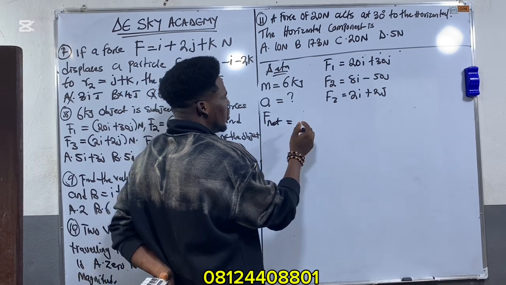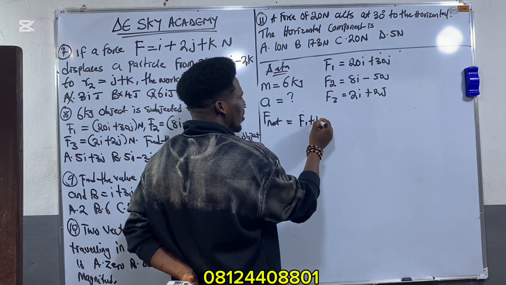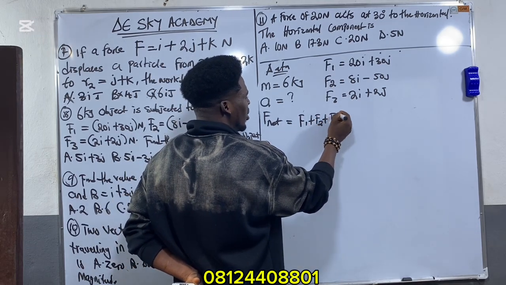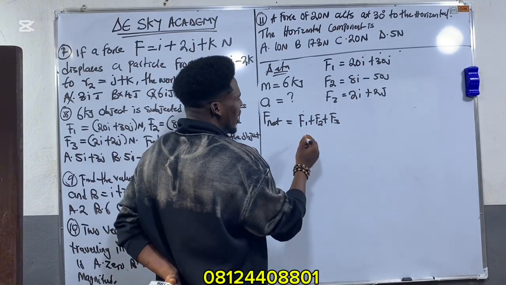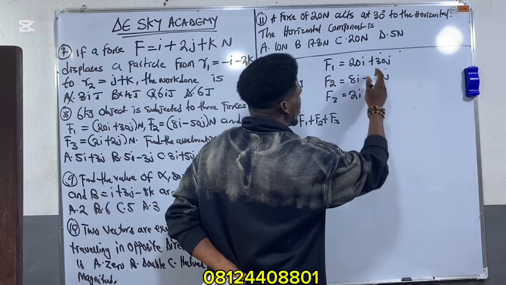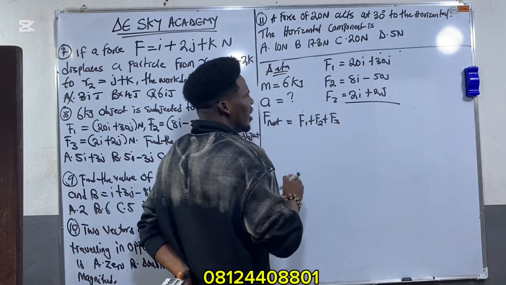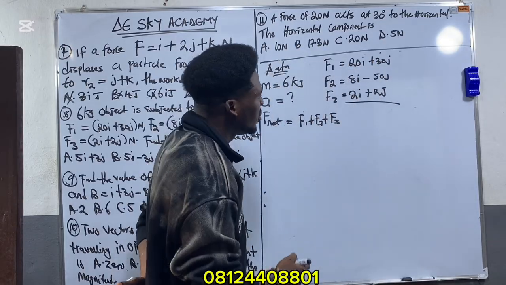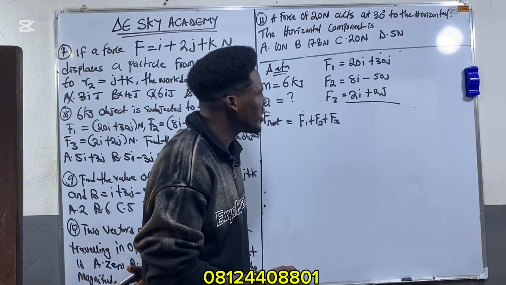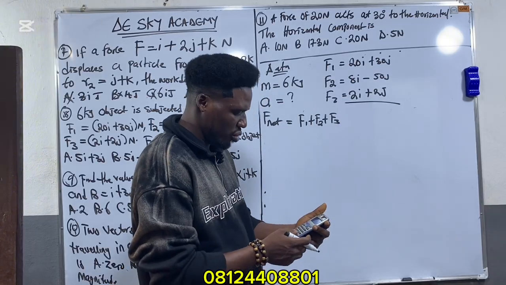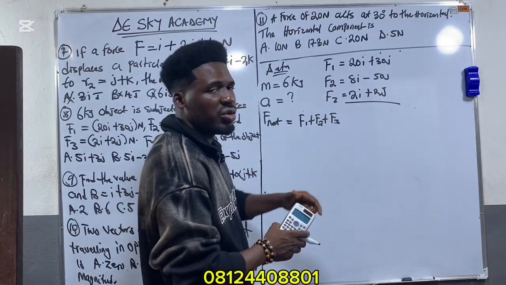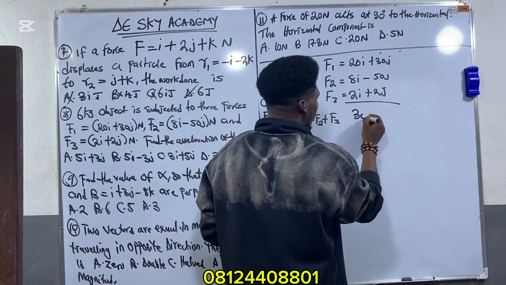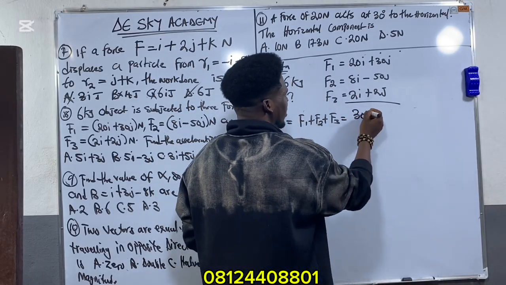The net vector will now be F1 plus F2 plus F3. So we will now calculate this. I will get the summation of all of them. I will now have plus 20 plus 8 plus 2. 20 plus 8 is 28. 28 plus 2 is 30i.